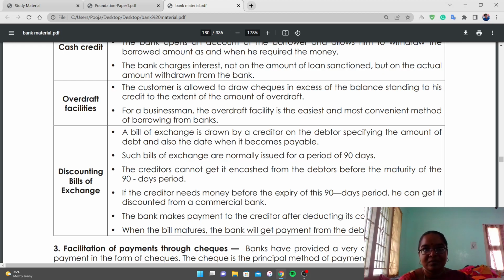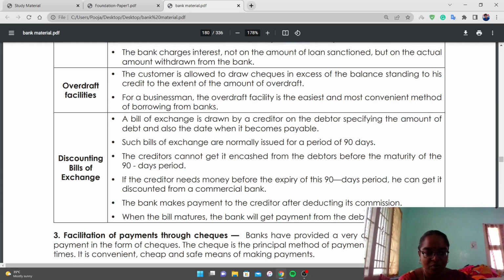X promises that he will return the money within 3 months, that is 90 days. 3 grace days will be allowed. So in between these 93 days, if Y needs urgent money, Y meets the banker and discounts the bill. So the banker may give 9,750 or 9,800, that is bill discounting. On the maturity date, X repays the money to the banker, that is rupees 10,000. This is known as discounting of bills.